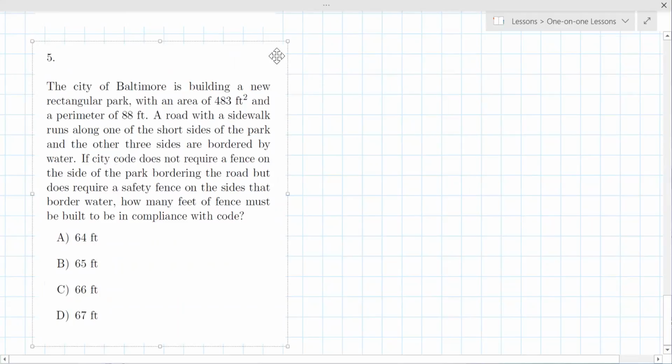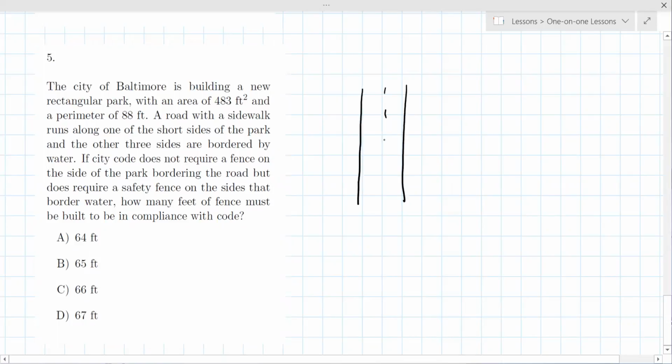Okay. The city of Baltimore is building a new rectangular park with an area of 483 feet squared and a perimeter of 88 feet. A road with a sidewalk runs along one of the short sides of the park. So if it's rectangular, okay, there's a road, there's a park, and that's the short side.